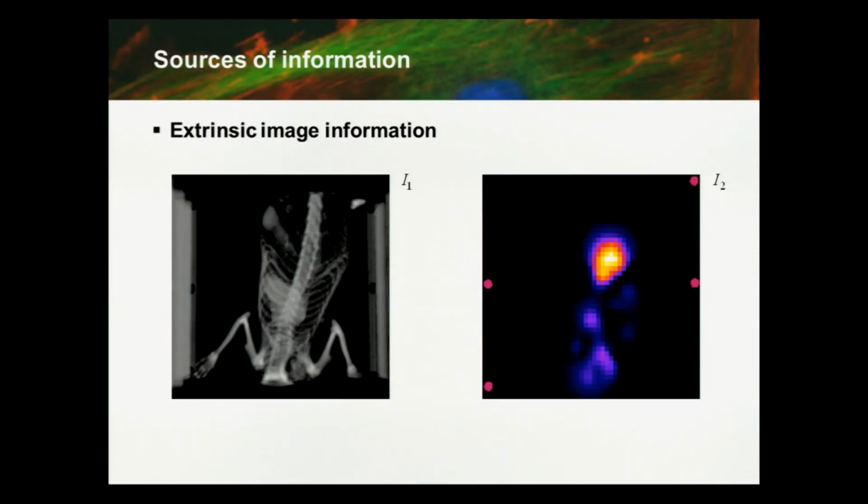And so you really need to use extrinsic information. You need to bring in landmarks, physical objects in the field of view that will light up in both scans. So in this case, you see the dots here and here. They light up in the CT as dark voids, and they light up in the optical image as well.